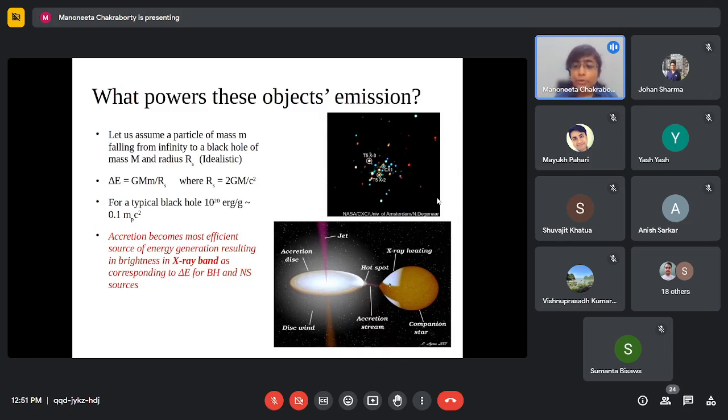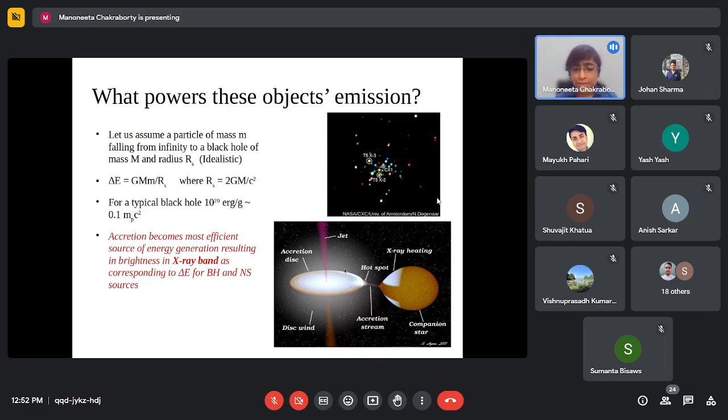It starts to accrete matter, pull matter from its companion star, and because the matter from the companion star has an angular momentum, it kind of forms a disk, basically slowly inspires, thereby falling onto the central compact object.